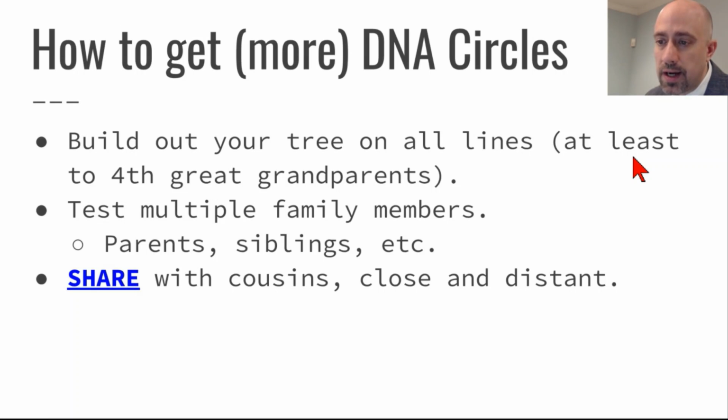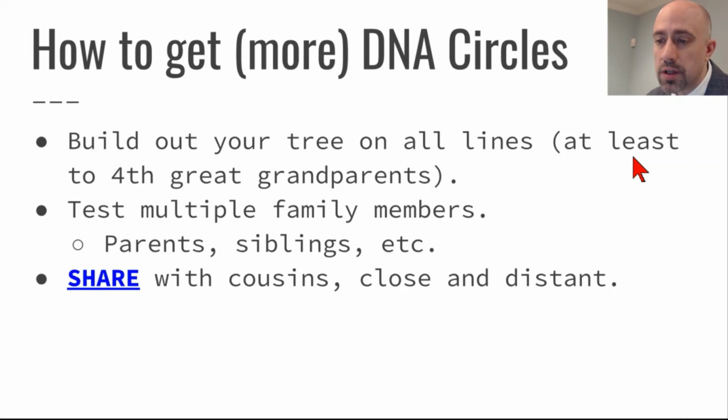So my advice, to add to the advice provided by Ancestry, is to build out your tree on all lines, at least to your 4th great-grandparents if possible. You would want to go beyond 4th great-grandparents if your parents have tested, or if your grandparents have tested.